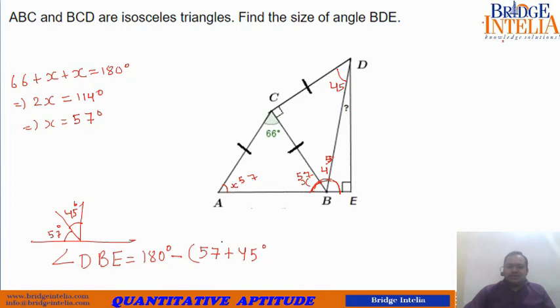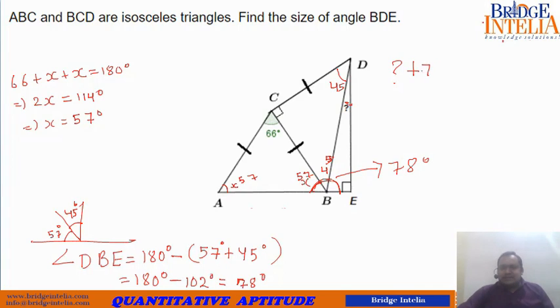So this comes out to be 180 degrees minus 102 degrees, which is 78 degrees. If this is 78 degrees, what must be this question mark? Question mark plus 78 degrees plus 90 degrees must be equal to 180 degrees, as these are the angles of a triangle. So from here the unknown angle is equal to 12 degrees.